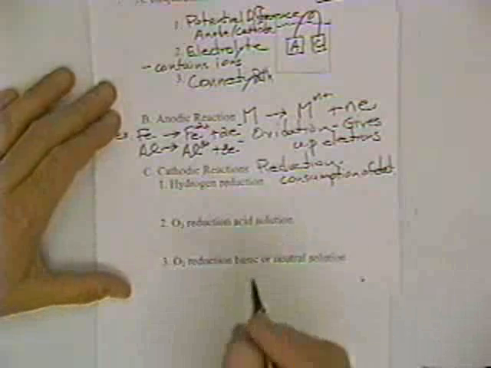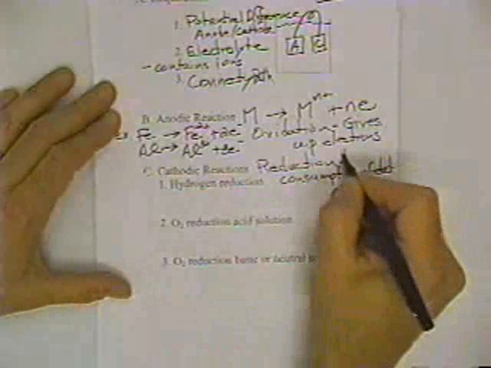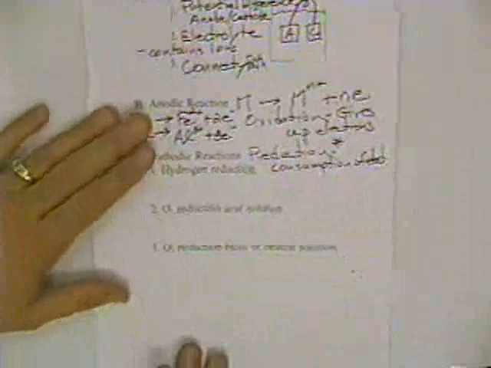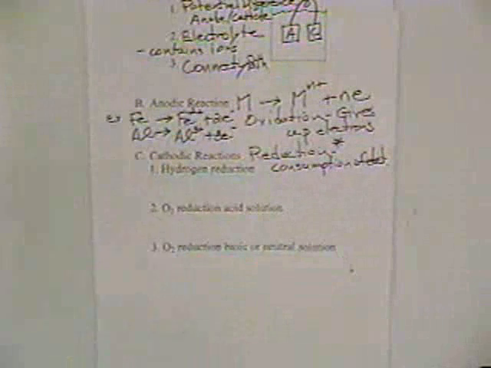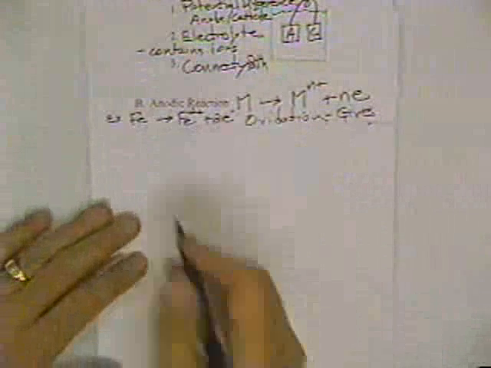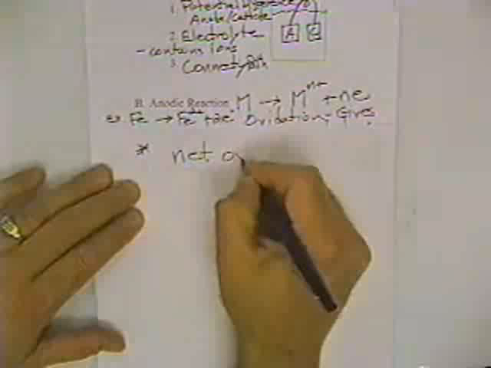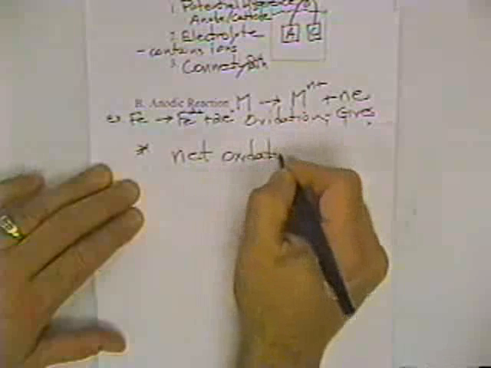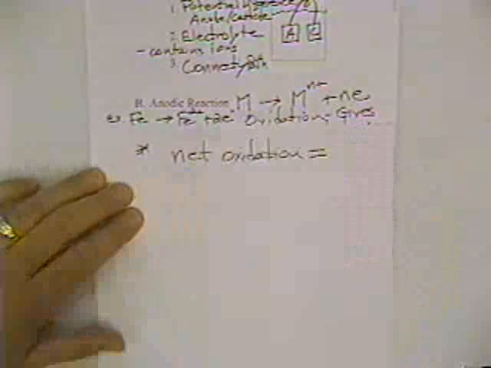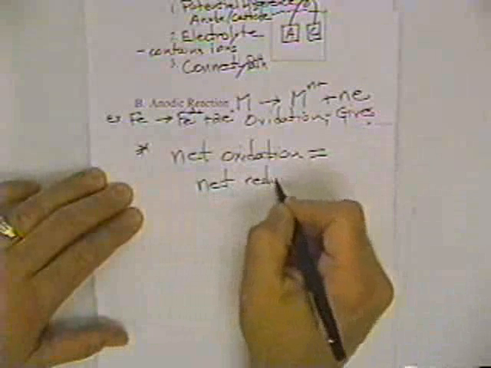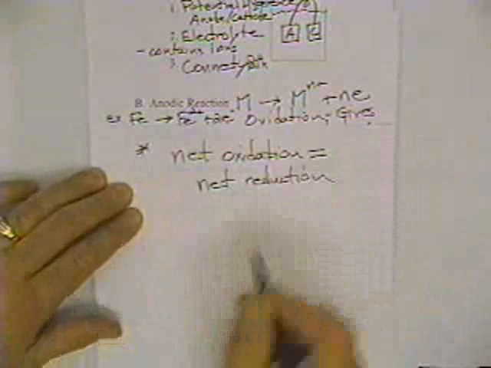electrons. Now there's an interesting fact associated with corrosion, and that is that the net oxidation must equal the net reduction.